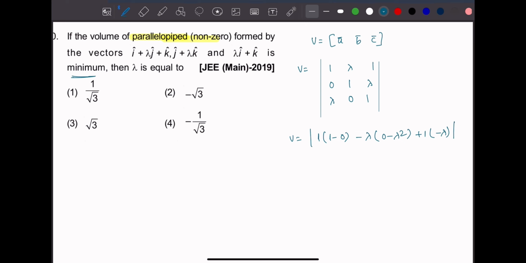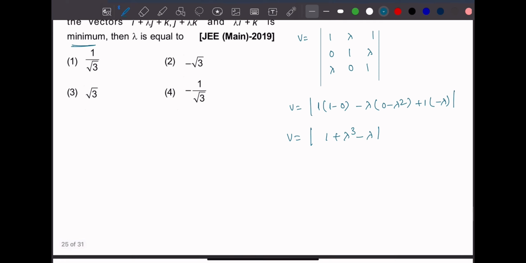Volume we have, which means it is always positive, so we have 1 plus lambda cube minus lambda. So lambda cube minus lambda plus 1 needs to be positive always.